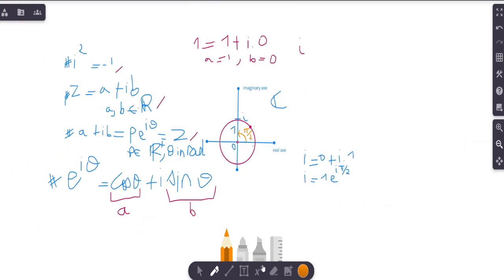And the last important property to know is that exponential raised to i times theta can be expressed as cos theta plus i times sin theta. Here I have written that cos theta is a and sin theta is b, but in reality here it's a mistake.